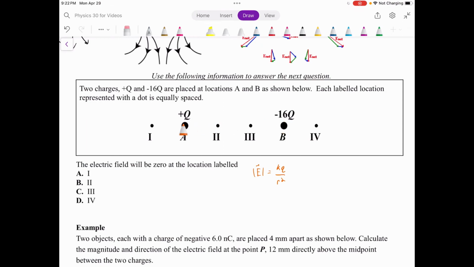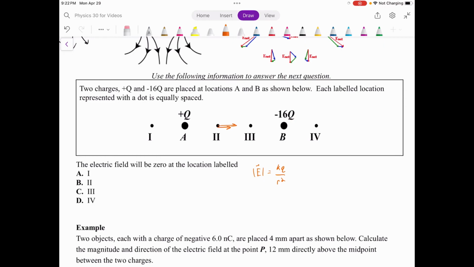So the electric field generated by this at location 2 will be to the right because that's the direction a positive test charge would feel a force because of this charge if it were placed there. And the electric field generated by charge B here would also be to the right because that's the direction a positive test charge would feel a force because of this one, right? So the electric field from this one is to the right here, and the electric field from this one is to the right here.